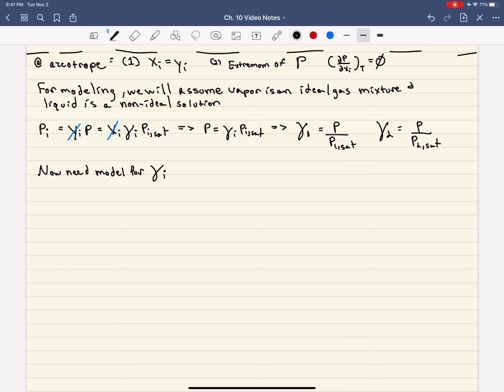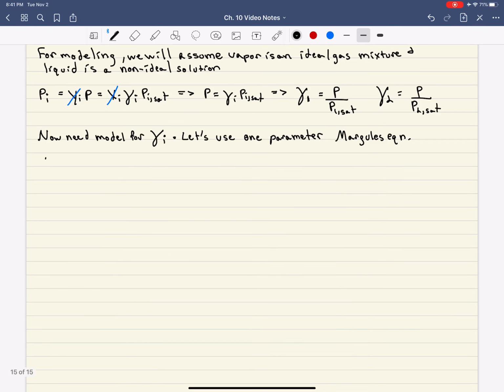For this example, let's start with a very simple model, the one parameter Margules equation. If you remember, it's just equal to A times x1 times x2, or we could rewrite this in terms of only x1, or if you wanted, only in terms of x2.